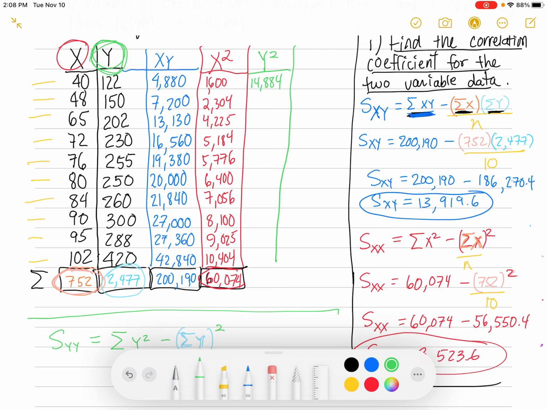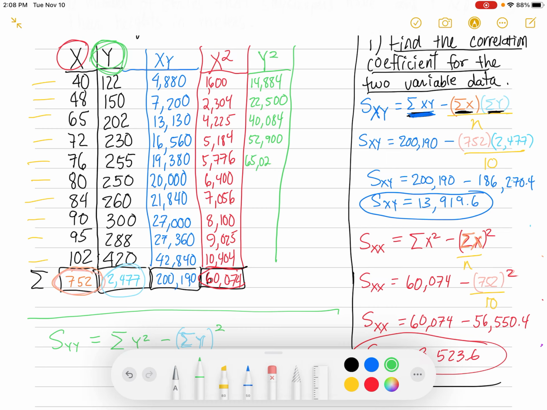I'm going to get 22,500. I'm going to take 202 and square that. I'm going to get 40,084. What else? I'm going to take 230 and square that. I'm going to get 52,900. I'm going to take 255 and square that. I'm going to get 65,025.